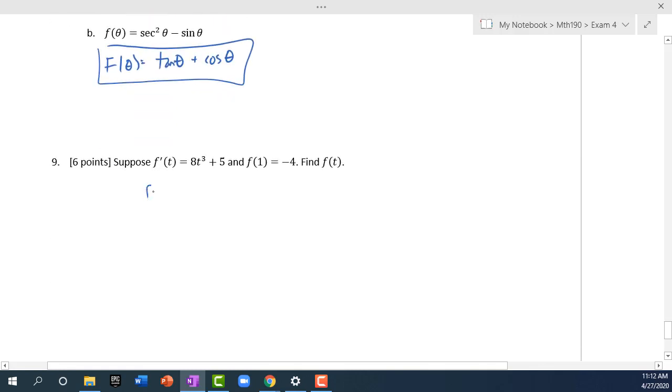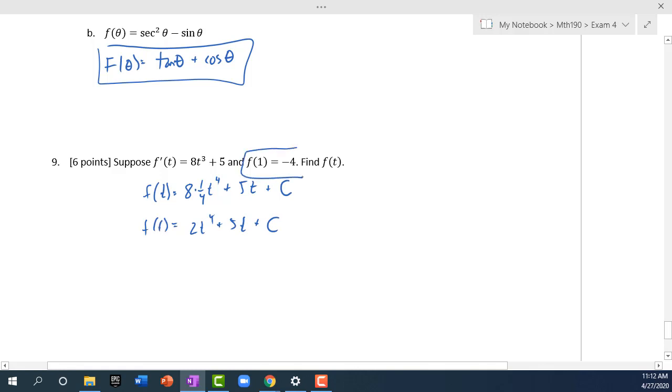Last one here, we're going to do an antiderivative, almost at f of x, it's f of t. We're going to do 8, and then we'll have t to the 4th divided by 4, and then 5t plus some constant. So f of t will be 2t to the 4th plus 5t plus c.